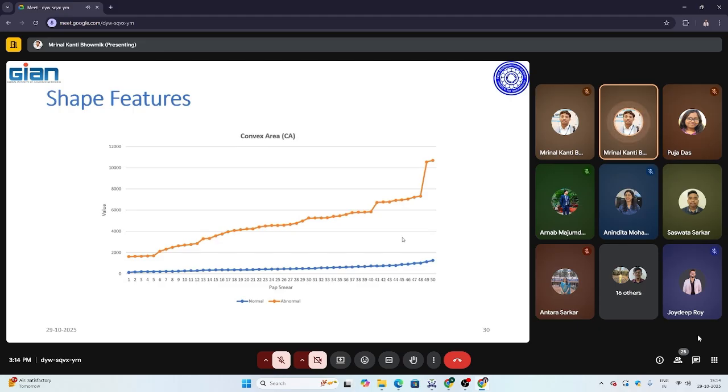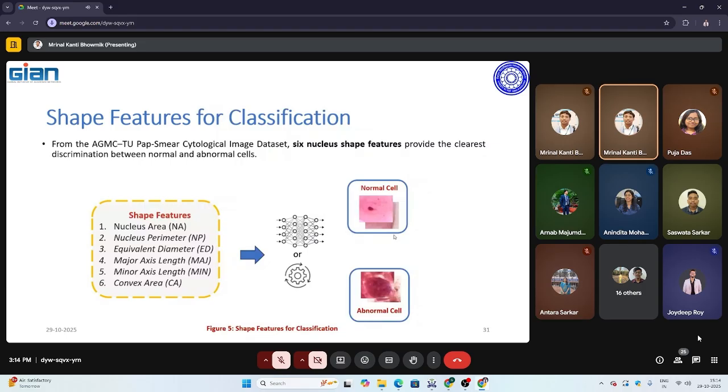Convex area can be used as a discriminative feature for our classification task. Next, these 6 discriminative nucleus features can be used for classification of normal cell images and abnormal cell images.